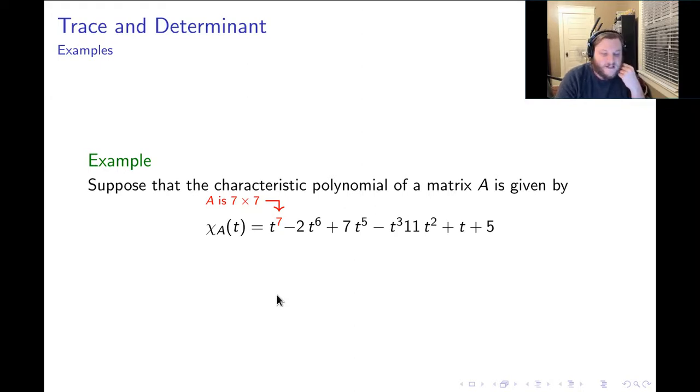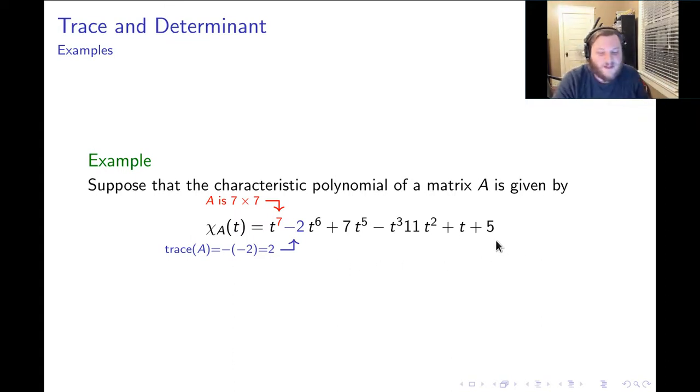The next thing to observe is that the coefficient in front of t to the 6, now 6 is 1 less than 7 here, is negative 2, and that tells us that negative 2 is negative the trace of our matrix. So the trace of whatever matrix we're studying here is equal to negative negative 2, which is 2.